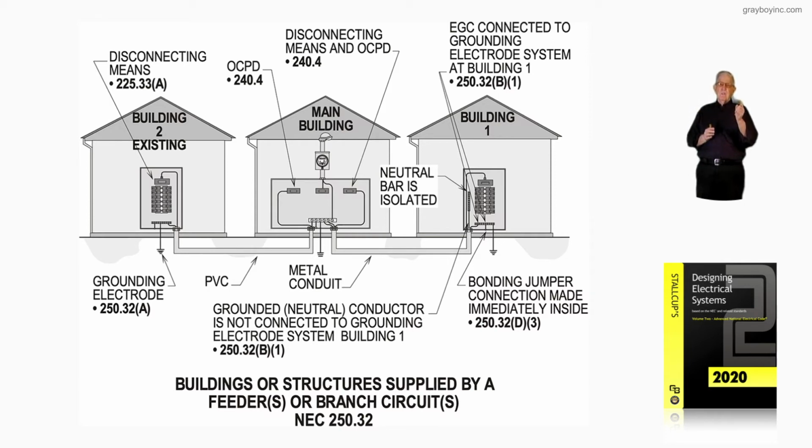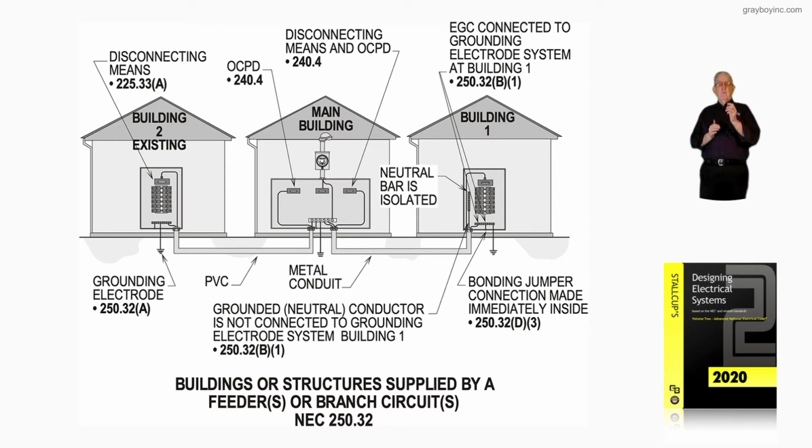But the building to the left really has to meet 250.32(B)(1) exception. So if you're running a feeder from one building location service equipment to another building, for example, it could be a sub-panel, it doesn't matter. Notice that you do have to connect it in accordance with 408.40. You have to isolate the neutral bar from the enclosure and bond the equipment grounding bar into the enclosure.